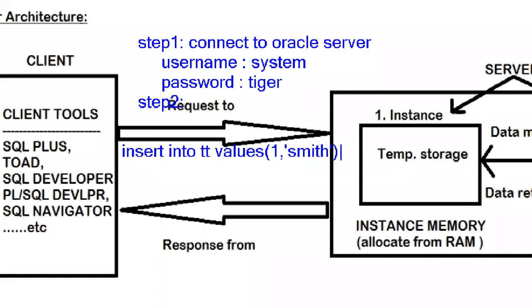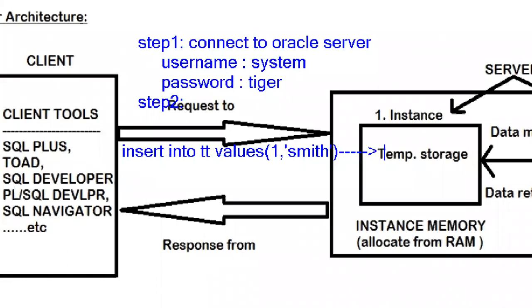But in Oracle, especially in Oracle, I'm not talking about MySQL and SQL Server, every newly inserted data that we insert through the insert command first goes to which memory? Instance memory only.